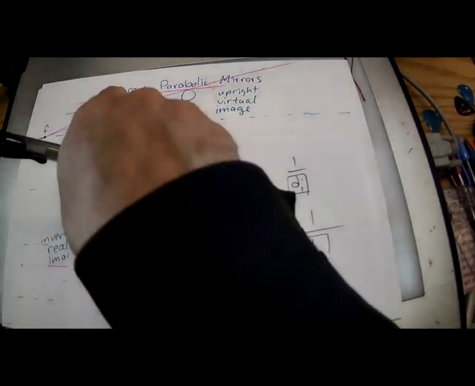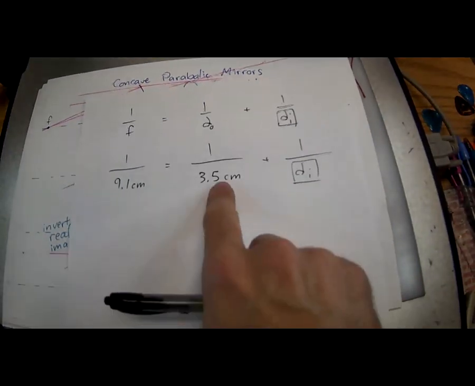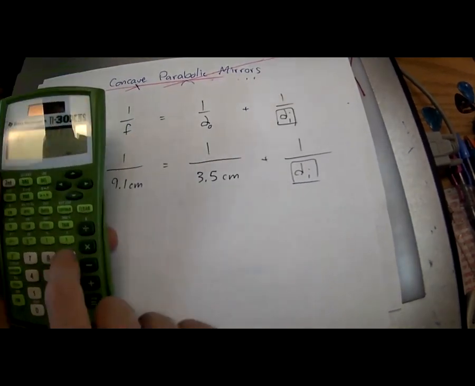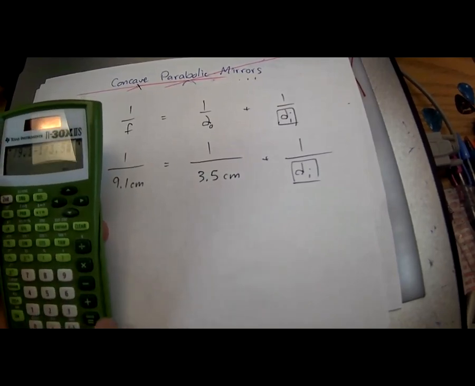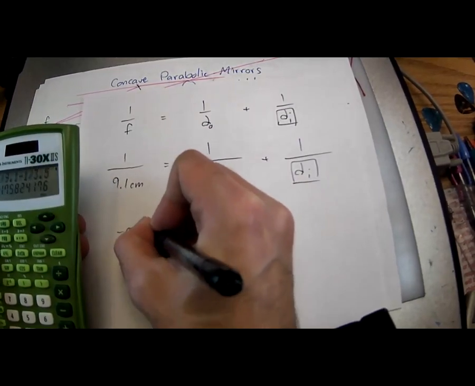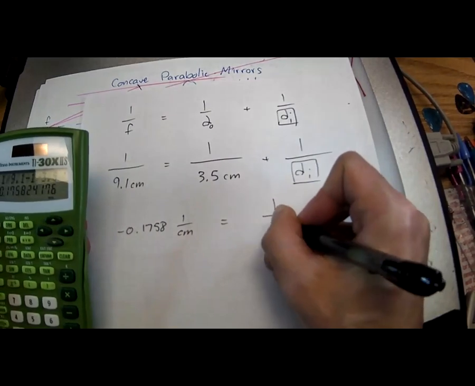So positive focal distance also corresponds to a concave mirror specifically. So I'm going to subtract 1 over 3.5. What is 1 over 9.1 minus 1 over 3.5? That difference comes out to be -0.1758, that'd be 1 over centimeters, plus 1 over di.